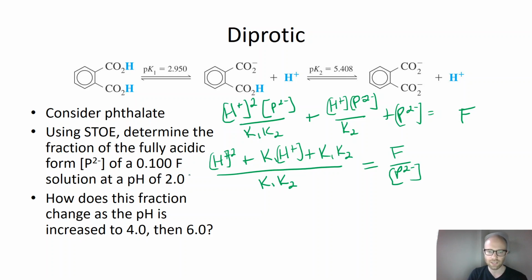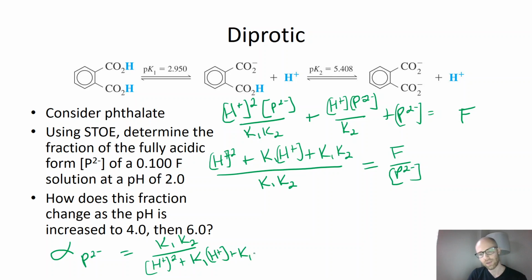And that's going to give us our alpha P2 minus is going to be equal to K1 K2 over H plus squared plus K1 H plus K1 K2.